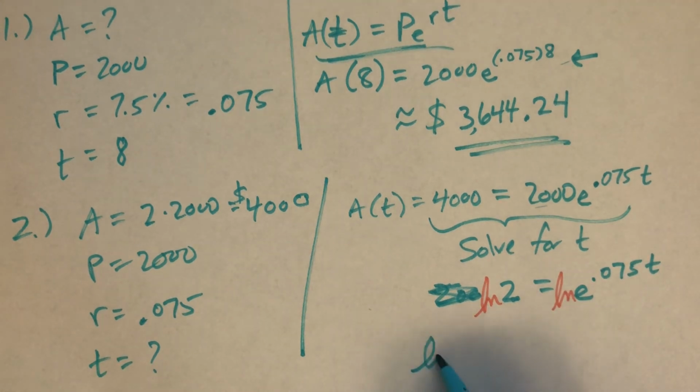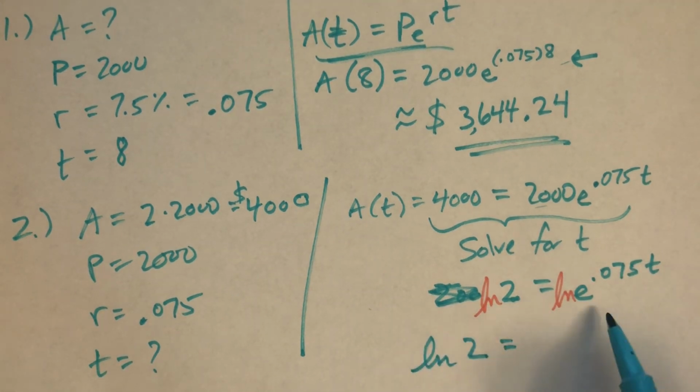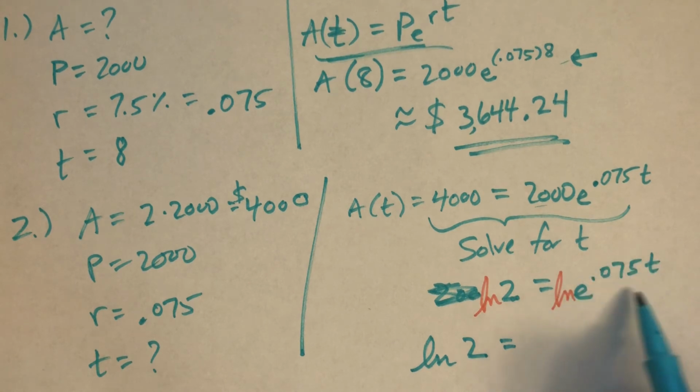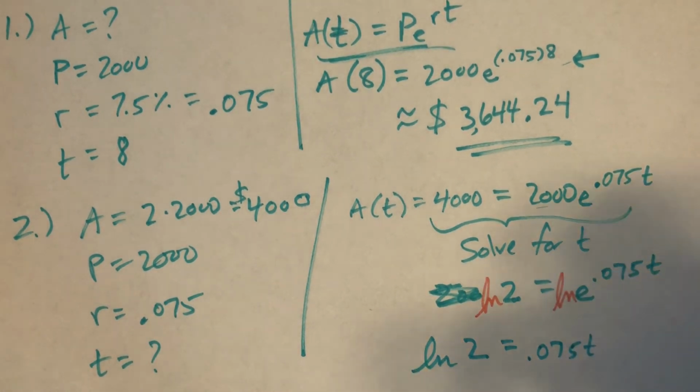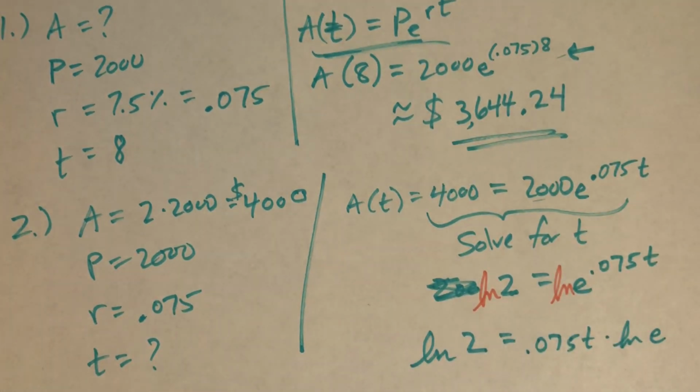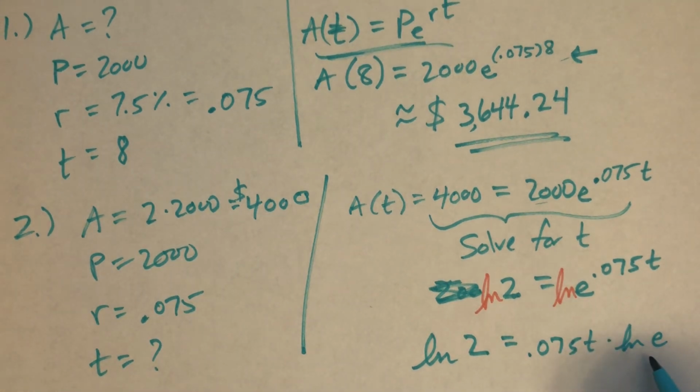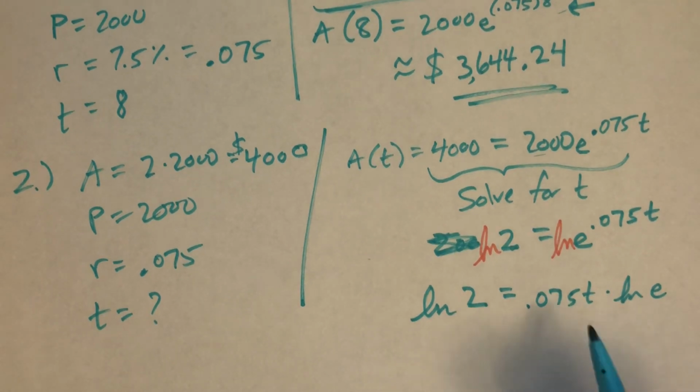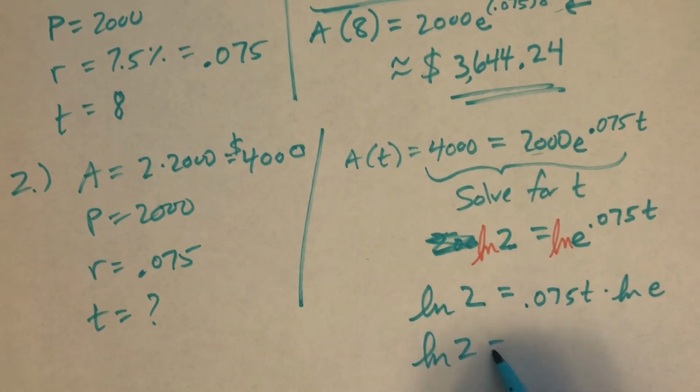The left-hand side doesn't change, but the right-hand side, we write as a factor out front. So we got 0.075 t times the natural log of e. Natural log of e is just 1, and that's another one of those properties of logarithms. So what we've got is natural log of 2 equals 0.075 t.